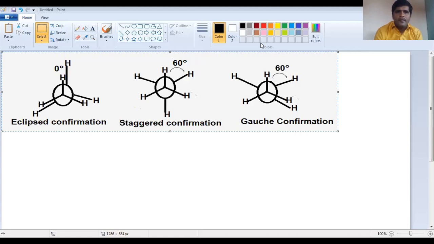Okay, so we are learning about the eclipse and staggered conformations. Like if you are considering, okay, I will write the hydrogen here.